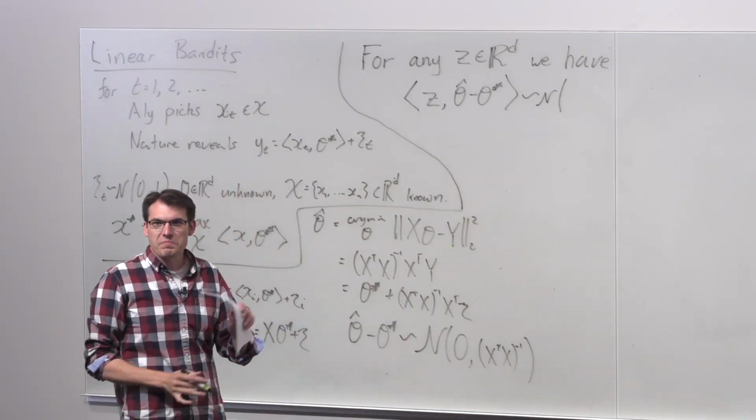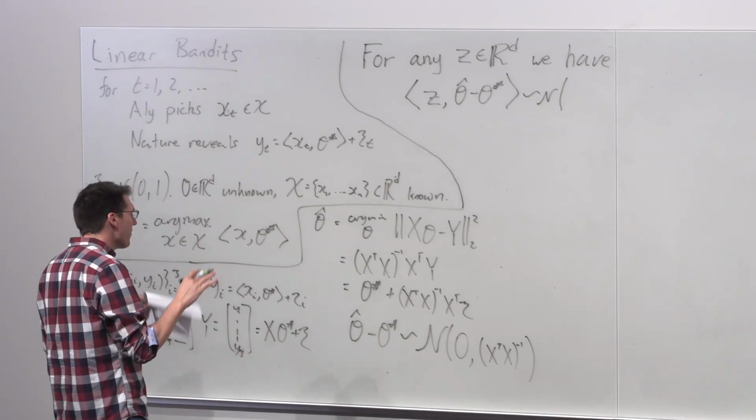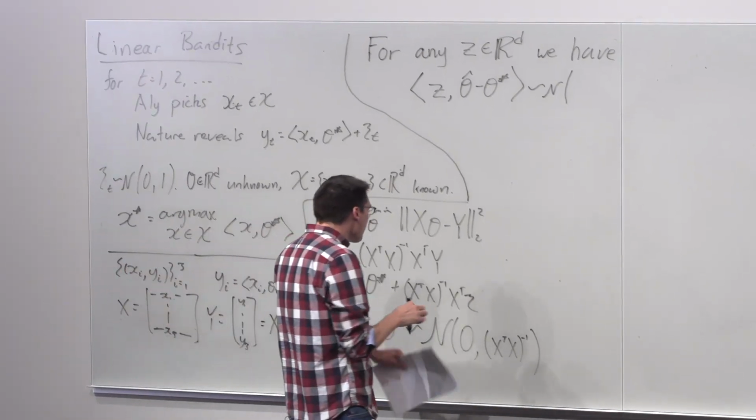It's any z. It may have nothing to do with the x's. It's just some vector in R^D. It's going to be distributed.